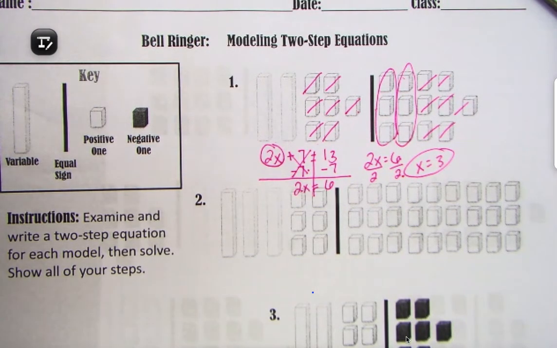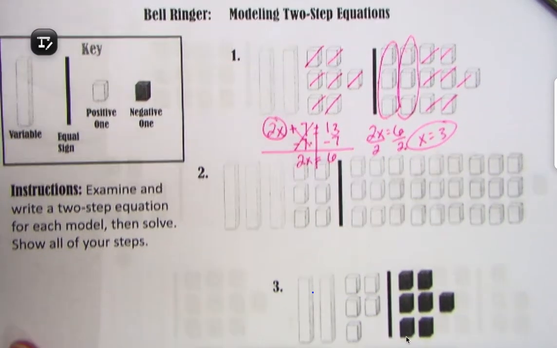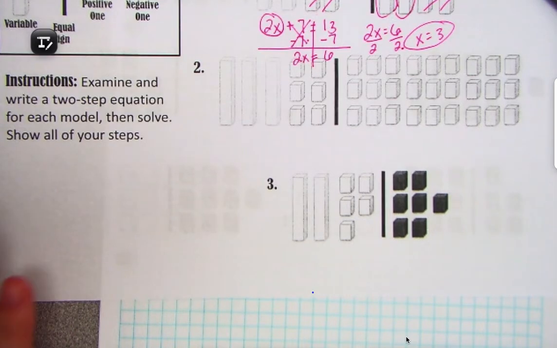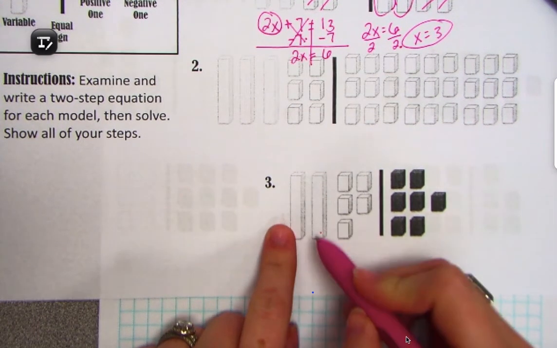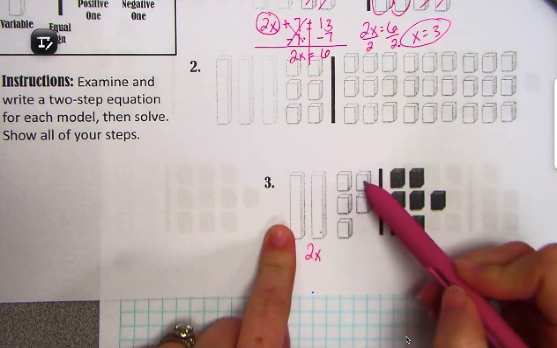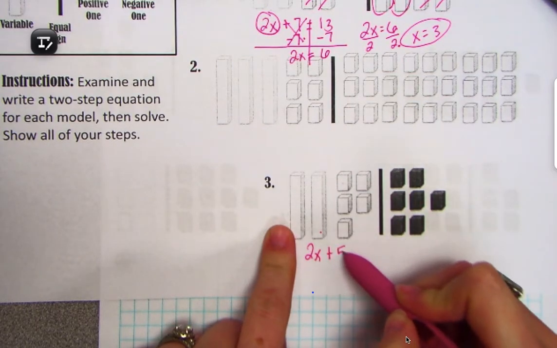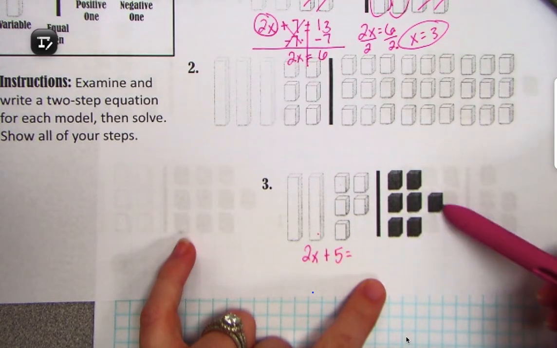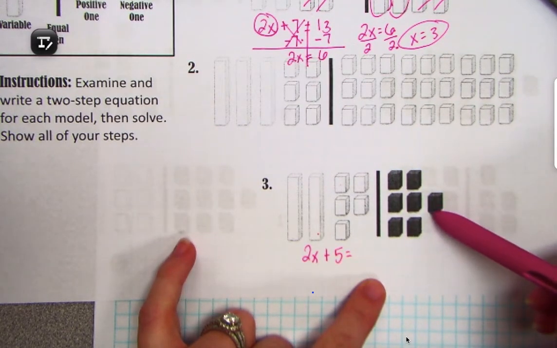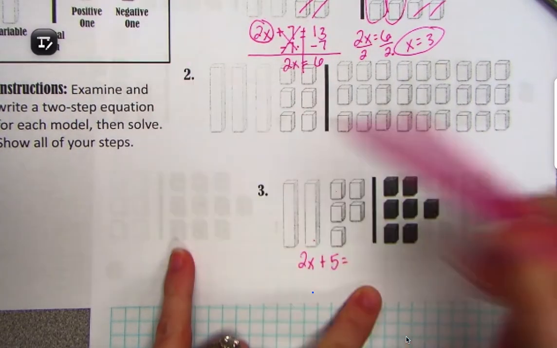So now let's do one of these that has a negative involved. For this one, I've got 2 x's and I have 5 ones. And here I have 7, but they're dark colored, so they are -1.